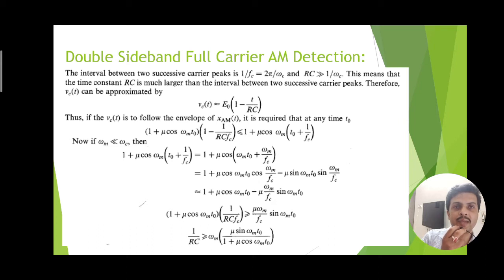Therefore, the capacitor voltage can be given approximately as Vc(t) equal to E0 into (1 minus t by RC). Now from this equation, we can easily find the relation 1 by RC is equal to omega m into the numerator mu into sin omega m T0 by 1 plus mu into cos omega m T0. This is the mathematical condition which should be satisfied by the envelope detector for faithful detection.